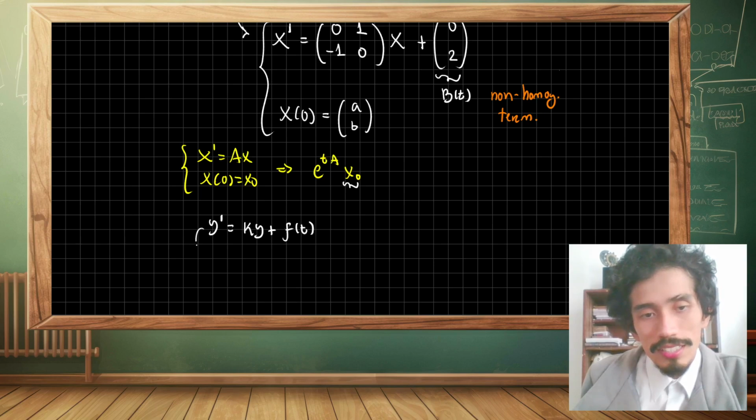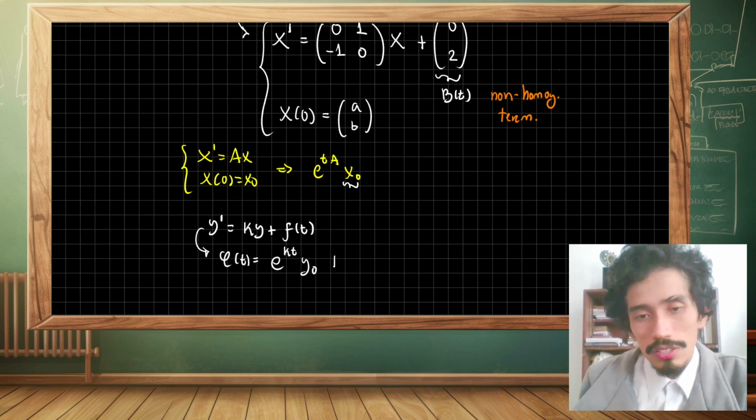This has a general solution that we saw previously, in terms of the integrating factor, which in this case is e to the kt times the initial condition, plus the integral with e to the minus kt times the function.